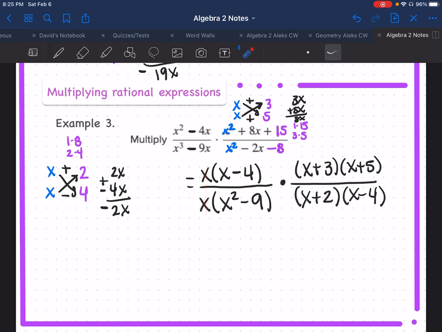I'm also noticing that here I have an x minus 4, and there I have an x minus 4. Since one is in the numerator and the other is in the denominator, and we are multiplying, we can go ahead and cancel these factors out. They don't have to be in the same rational expression for me to cancel. There just has to be one in the numerator and one in the denominator. One in the top, one in the bottom.